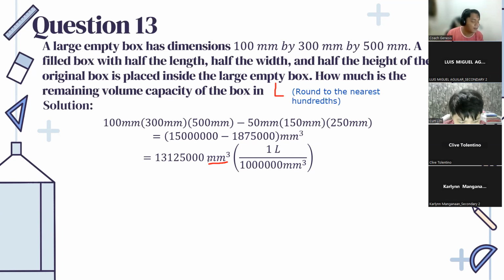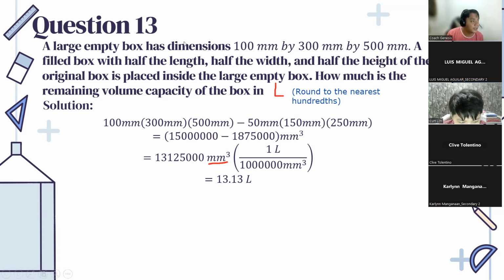I guess that's how I would do it. So here we already have the conversion. 1 liter is equal to 1 million cubic millimeters. So that will just be equal to 13.125 liters. Rounded to the nearest hundredths, 13.13.